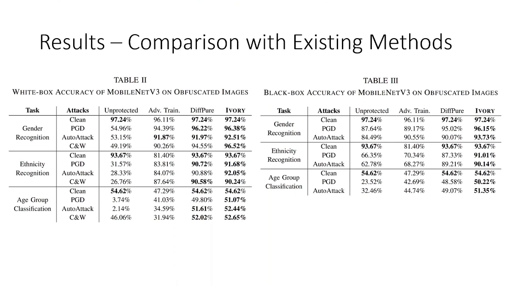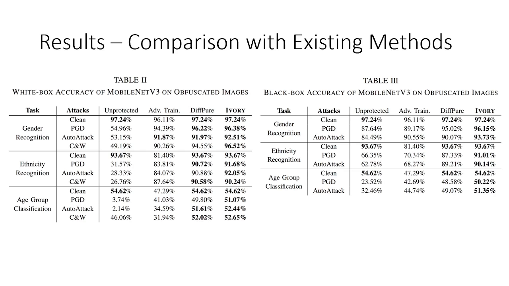When comparing Ivory with existing adversarial defenses, namely adversarial training and Diffpure, we observed that Ivory consistently outperformed both methods in both accuracy and efficiency. In white box scenarios, where the adversary has complete information about the model, Ivory achieved near clean accuracy levels for tasks such as gender and ethnicity recognition, far surpassing the performance of adversarial training and Diffpure.